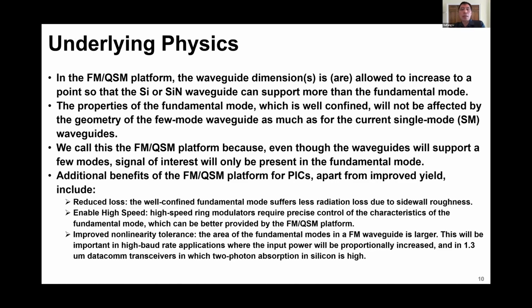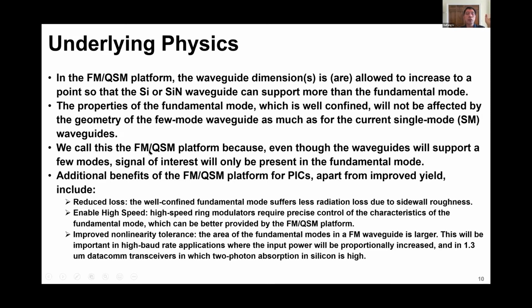So I already said the underlying physics, why we think it's going to solve the wafer scale yield issue. Essentially, when you go from the single mode fiber to the single mode waveguide to the few mode waveguide, the property of the fundamental mode, which now is well confined inside the waveguide, is not going to be affected by the geometry of the few mode waveguide as much as the current single mode waveguide.